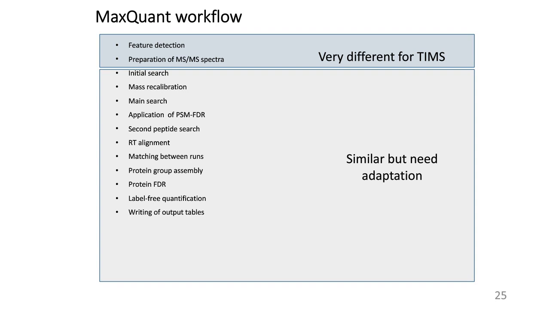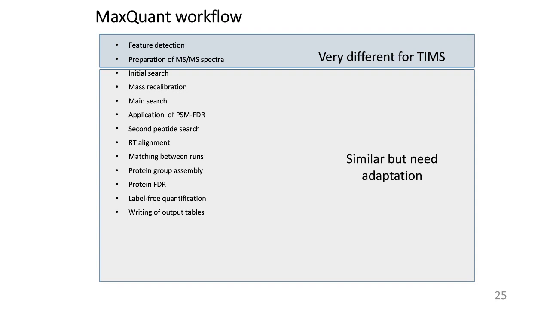While steps like detection of features, so what would be peaks in simple spectra, what would be three-dimensional objects in LC-MS data, will obviously be very different if you have a new dimension added to your data. So the feature detection, and also the preparation of MSMS spectra, since they will also be coming from a higher dimensional space now, will be quite different for this new type of data.